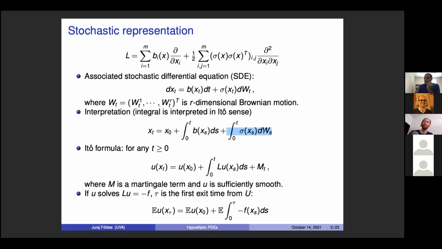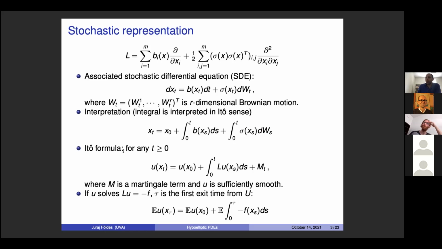This is interpreted in the Itô sense, and you can see in some basic stochastic analysis books that this is actually a well-defined integral if sigma is sufficiently smooth. So we are just saying that x of t satisfies this equation. Of course, this is an implicit equation, so there's no easy solution for x of t, but nevertheless, it's a reasonable equation to satisfy.